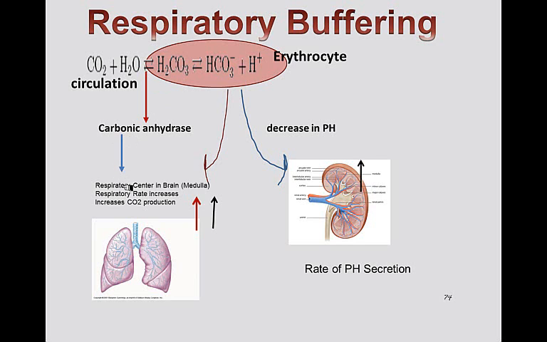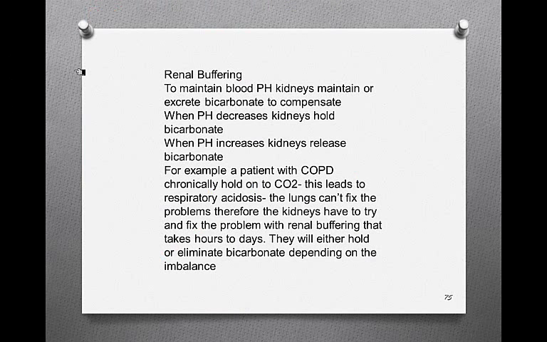It travels to the respiratory center in the brain, and it gives off a signal to increase CO2 excretion, and your respiratory rate increases. If there's a decrease in pH, it can also increase the rate of respiration. In renal buffering, to maintain blood pH, the kidneys retain or excrete bicarbonate to compensate.